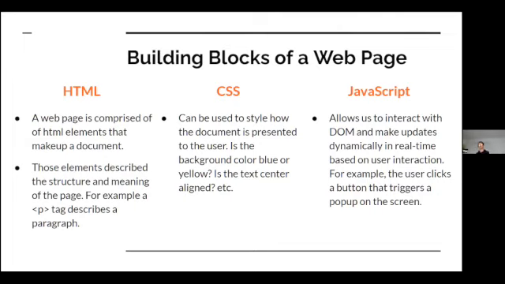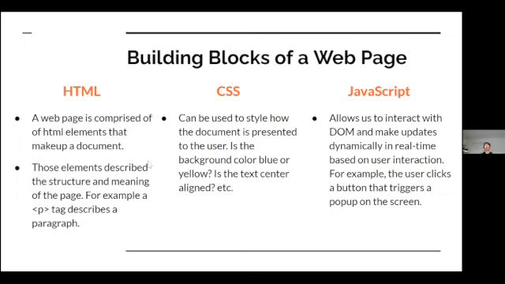Okay, so to summarize, HTML, CSS, JavaScript. You've probably heard of those before, but this is just to summarize them again. Go ahead and look at the slide, look through that. A web page is comprised of HTML elements that essentially make up that page. It describes that page.